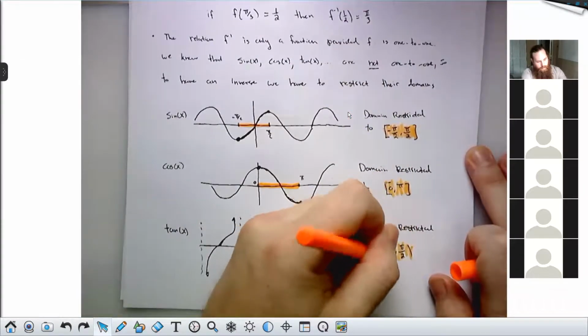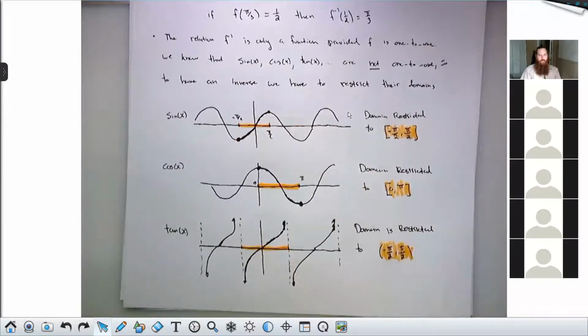So I've highlighted the domain restrictions in the graph. Those are the interval notation for those domains. What this means is that when I'm thinking of the inverse sine function, it's supposed to send the outputs, that's the y values, back to some x values. Since I'm restricting the domain of the sine function, the inverse sine function will only ever output numbers from negative pi over 2 to positive pi over 2.